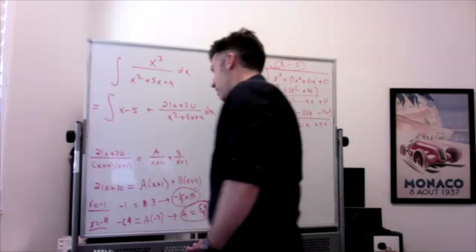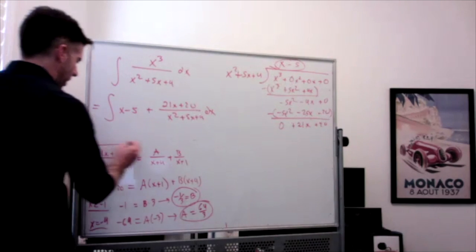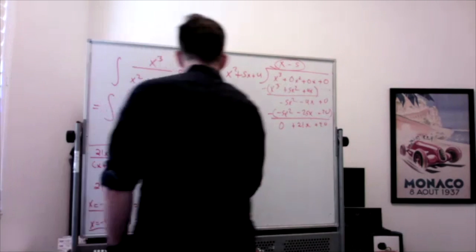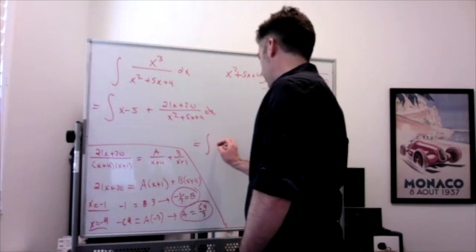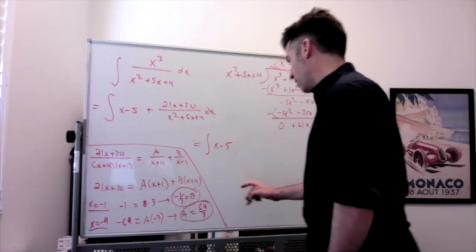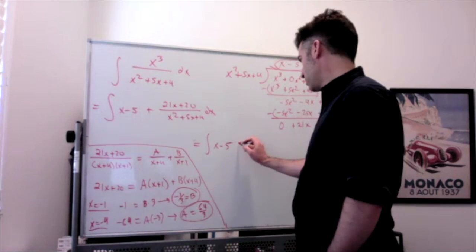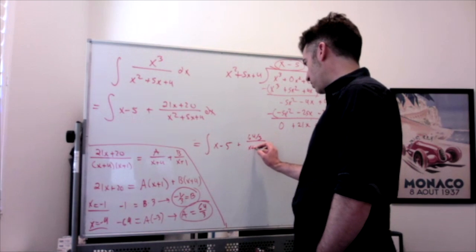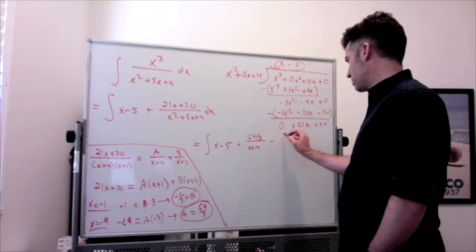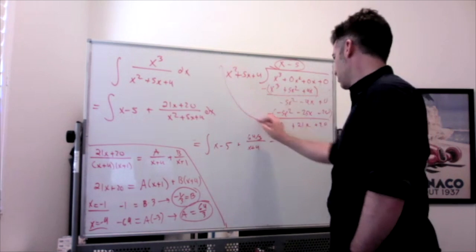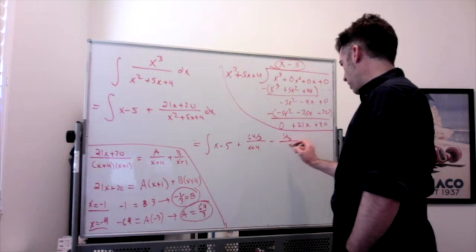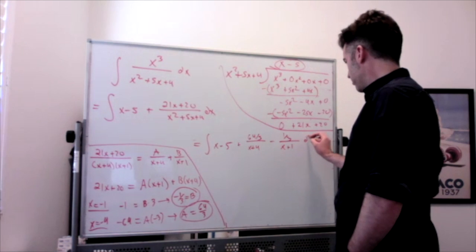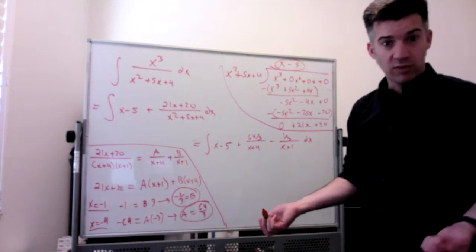So we can then rewrite our integral as the integral of x minus 5 plus 64/3 over x plus 4 minus 1/3 over x plus 1. And then the integration is pretty straightforward.